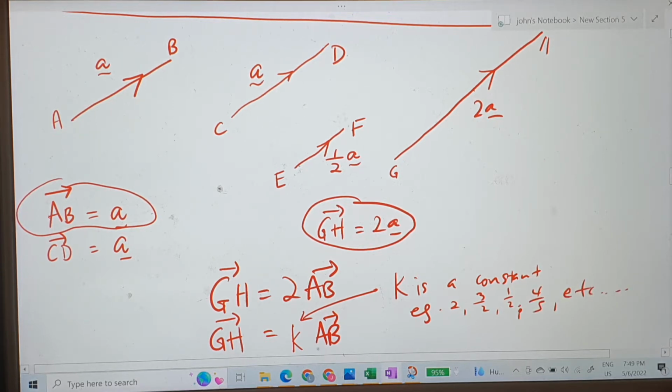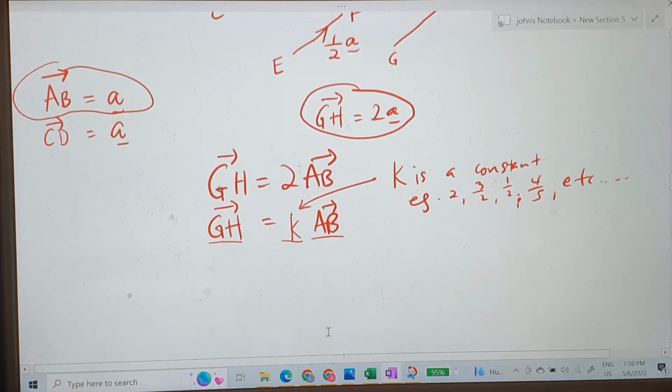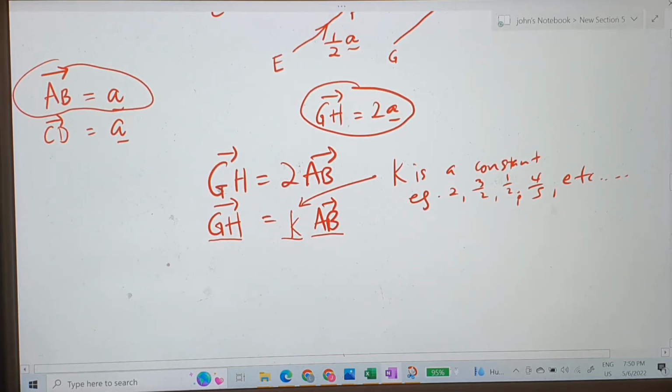As long as I can write GH equals to K times of AB, then this implies that GH, this line or this vector, is parallel to AB.